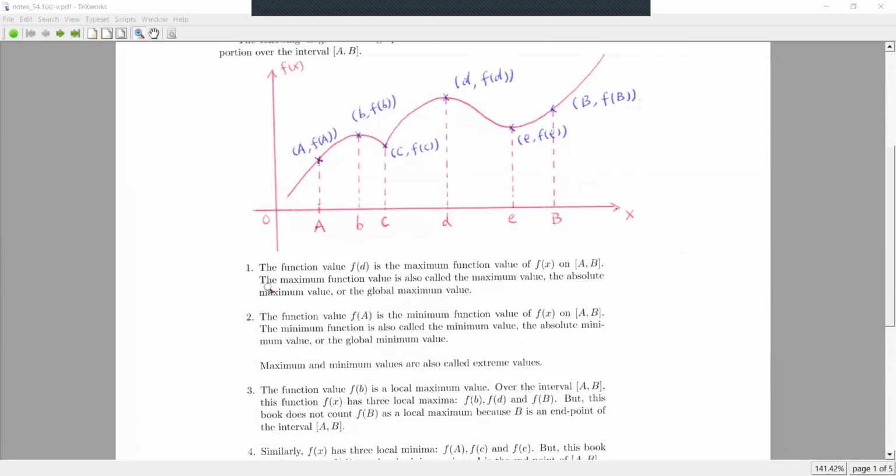In the book, maximum function value is also called maximum value, or absolute maximum value, or global maximum value. So when you read a problem in the book that asks you to find the maximum value, that means find the global maximum value.